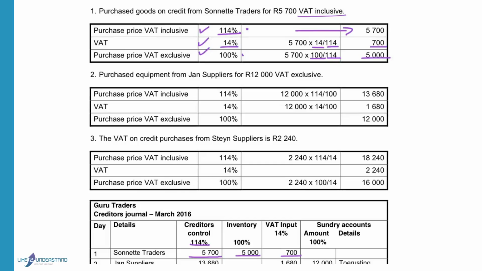Purchase equipment from Jan Suppliers for 12,000 VAT exclusive, so it doesn't include the VAT. So the 12,000 equals the 100% before the VAT was added. If we want to calculate the purchase price including the VAT, we want to know how much is 114%.